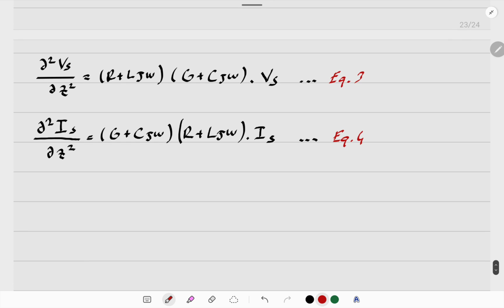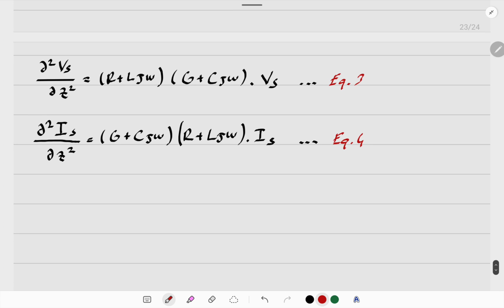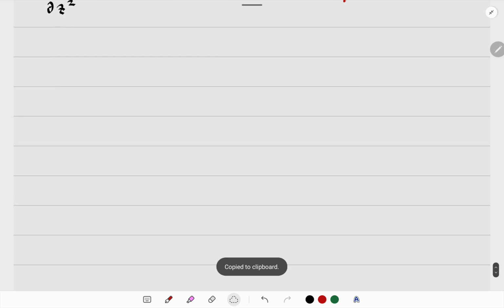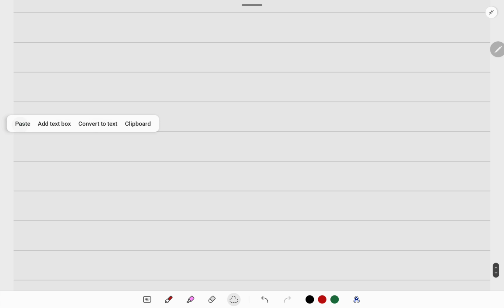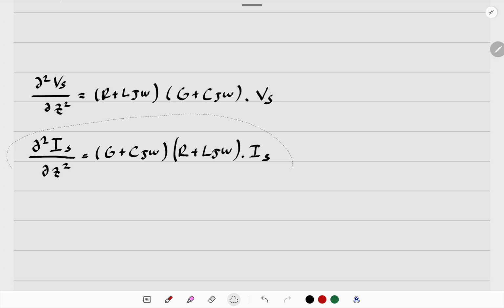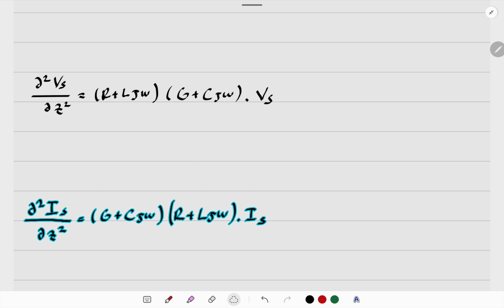All right, great. So let's investigate these equations again and again. Okay, let's not get tired. All right, we have both of these equations. And if I just move it down here, we can say that this is this particular one.